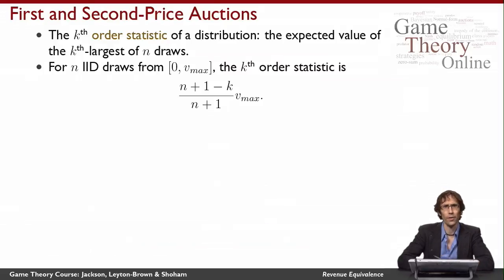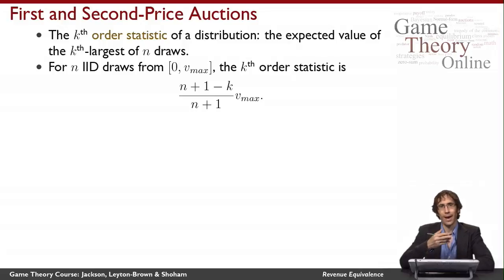Okay, now let's see why the revenue equivalence theorem is useful for thinking about first and second price auctions. To do this, we need to think about a concept called the kth order statistic of a distribution. So the kth order statistic is the expected value of the kth largest of n draws. So imagine that I was to independently draw 5 times from a distribution.